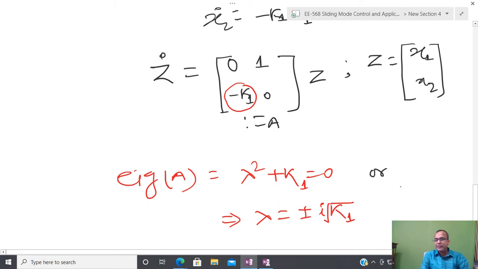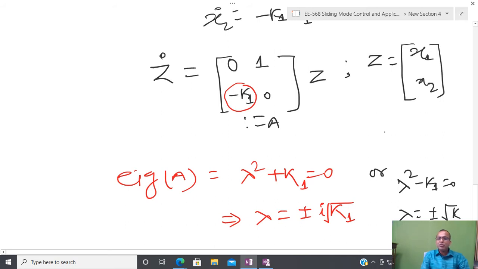If I select k1 such that this situation comes into the picture, one of the eigenvalues is positive. Is it possible to stabilize this system if one eigenvalue is positive?